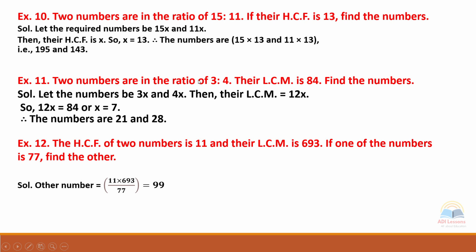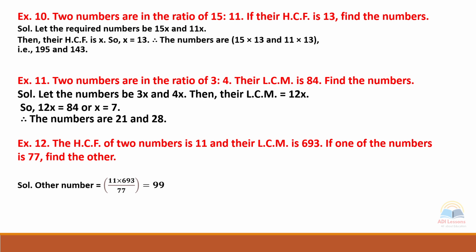Two numbers are in the ratio of 3:4. Their LCM is 84. Find the numbers. Let the numbers be 3x and 4x. Then their LCM is 12x. We know 3 and 4 are co-primes.